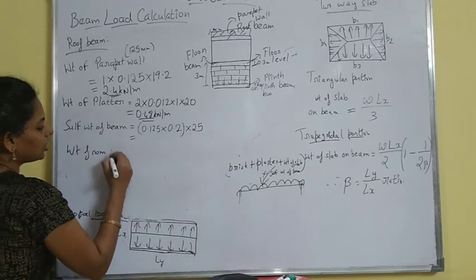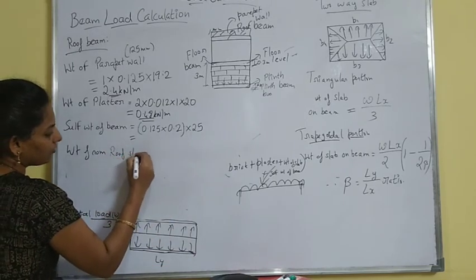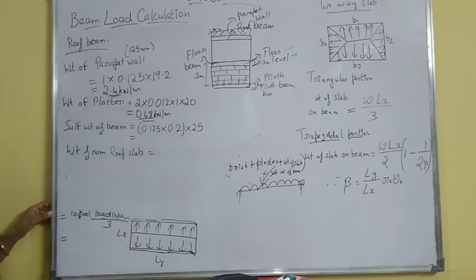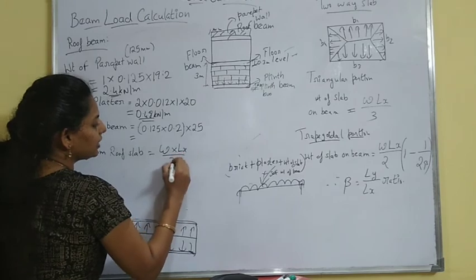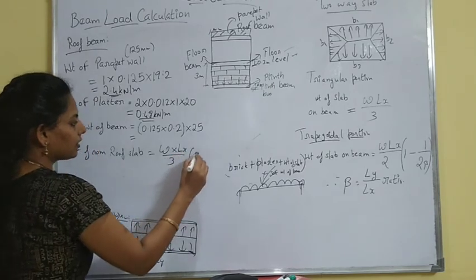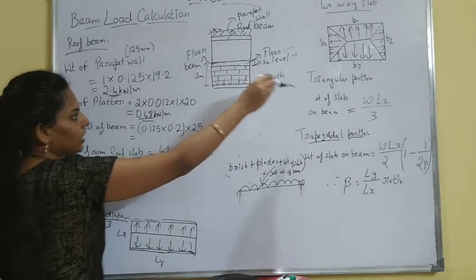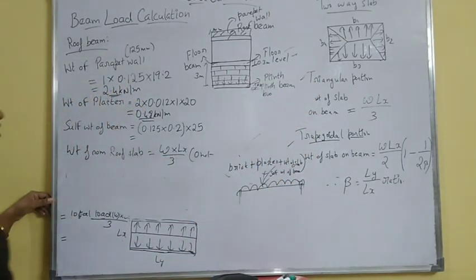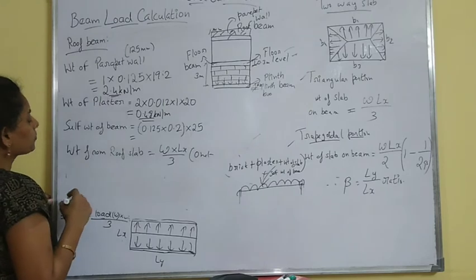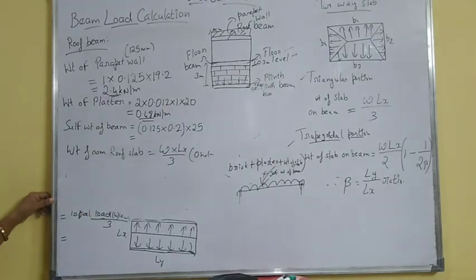For the roof slab you will consider different values, so that weight you have to consider. That weight into Lx by 3 for one way. Similarly, for two way you have to consider the triangular portion and the trapezoidal portion. This is about the roof beam.